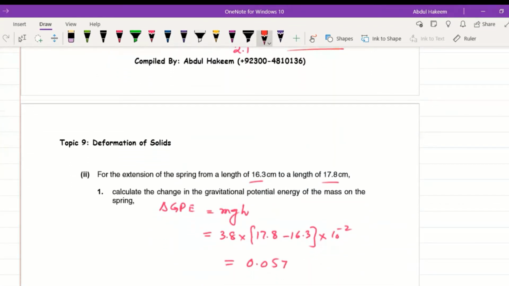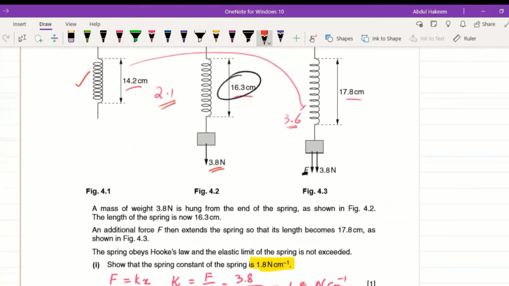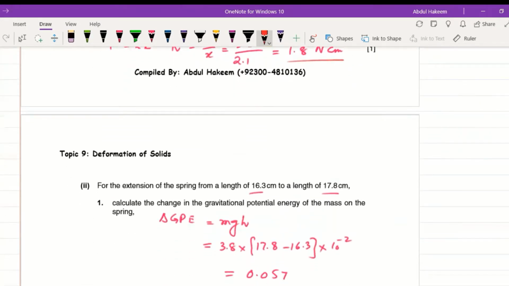Now move to the next. For the extension of the spring from the length of 16.3 to the length of 17.8, from this second diagram to this third diagram, calculate the change in gravitational potential energy of the mass. So the change in gravitational potential energy is mg delta h. mg together is the weight, so weight is 3.8.